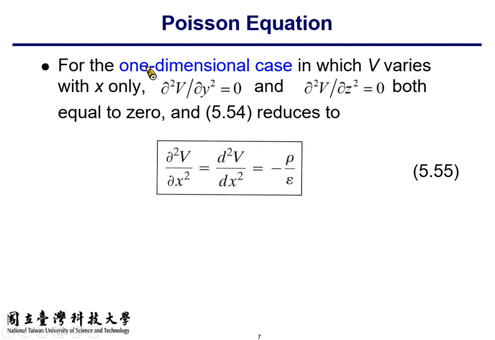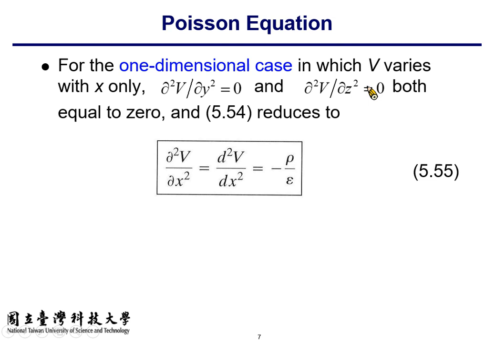For the one-dimensional case, if the voltage potential is homogeneous in the y direction and the z direction, which means the derivative of V with respect to y equals 0 and the derivative of V with respect to z equals 0, then the problem is reduced to a one-dimensional problem.